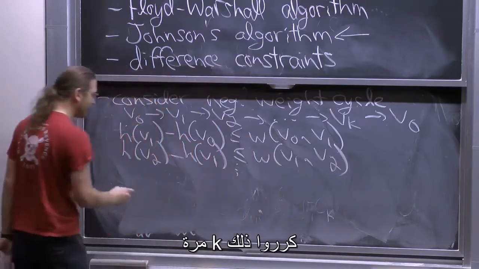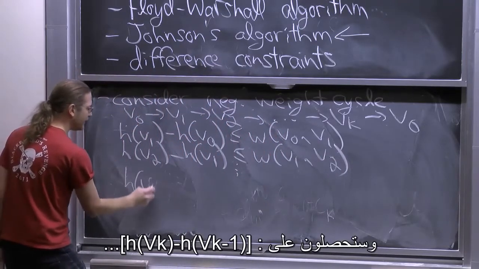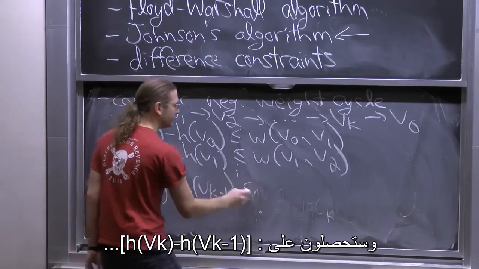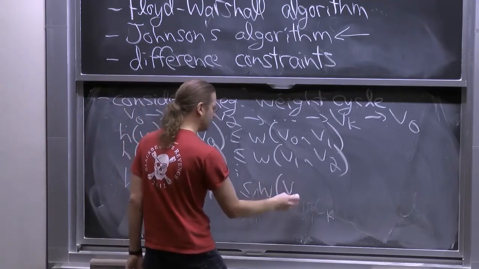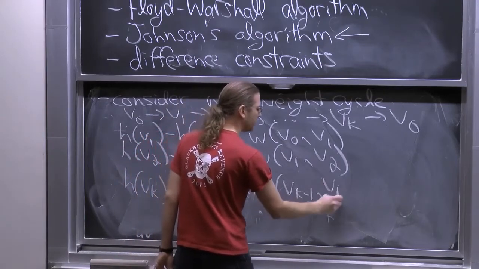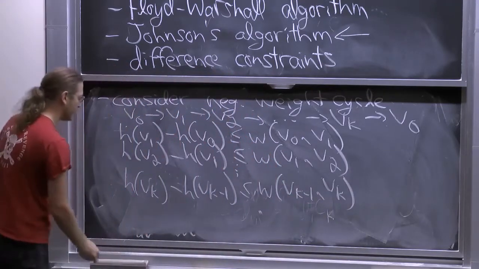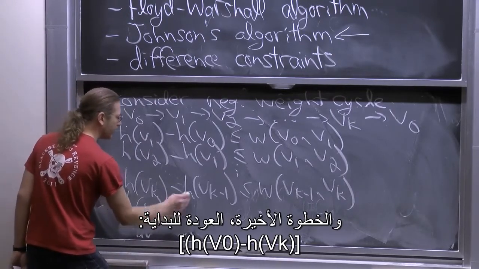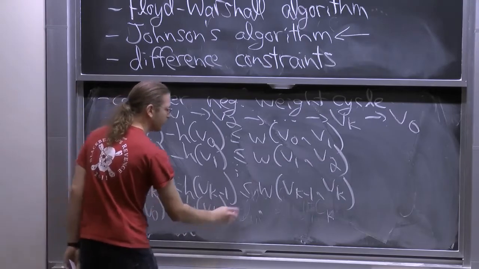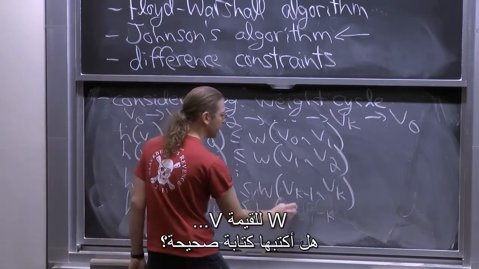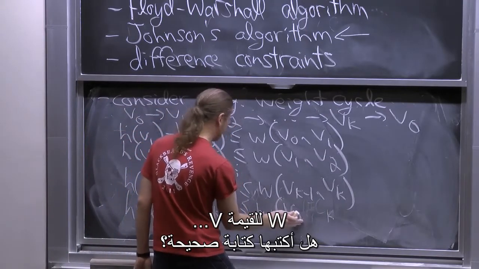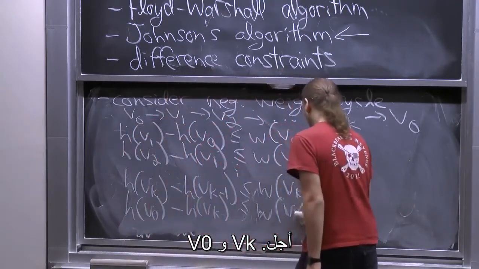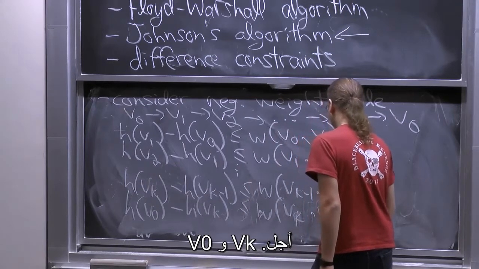I repeat that k times. I'm going to get h of vk minus h of vk minus 1. And then the last one, the wraparound, h of v0 minus h of vk, less than or equal to w of vk, v0.